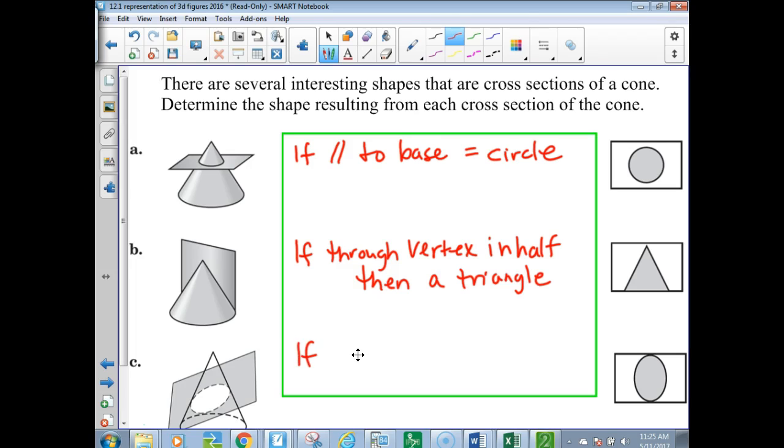If you cut it slanted, or diagonally, then it's an oval. An ellipse is actually the name of it.